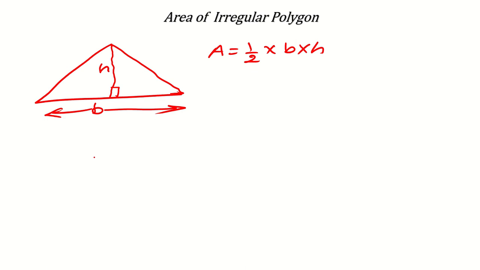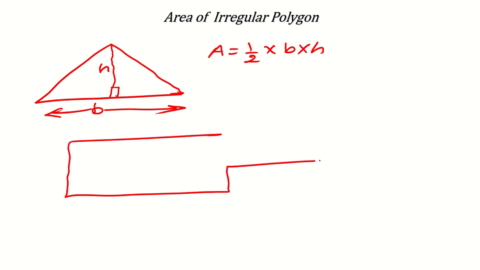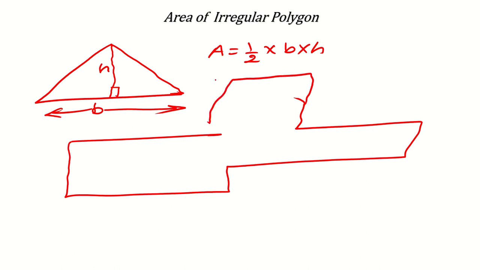Yes, or if they give you any irregular figure like this, like this, like this. Okay, now I'm sorry once again for the picture. See, if they give you a picture like this, then what you will do? Definitely you will find all the sides, and divide it into known shapes.